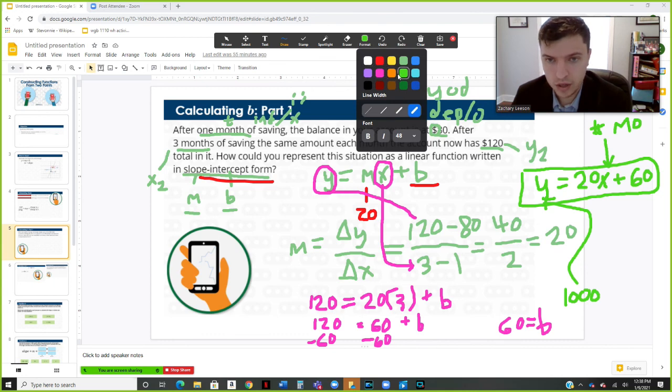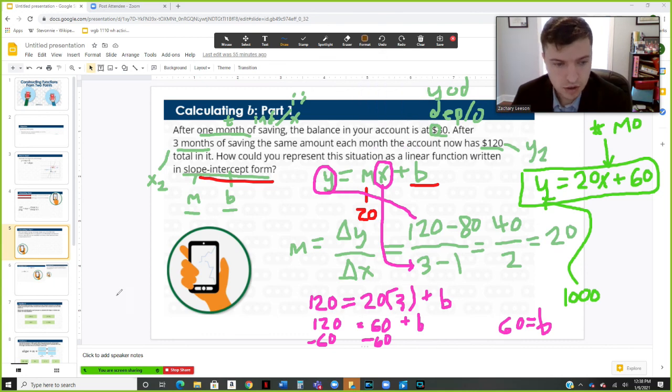And just real quick, this will be my last thing I'll do here. So after 10 months of savings, how much money will I have? So I'm going to do 20 times 10, and then add 60 to that, and that's going to give me a number of dollars there, right? So y equals 20 times 10, that's 200, plus 60.